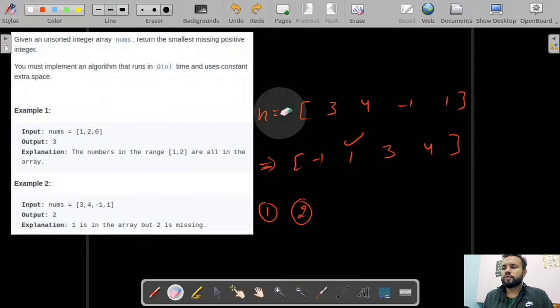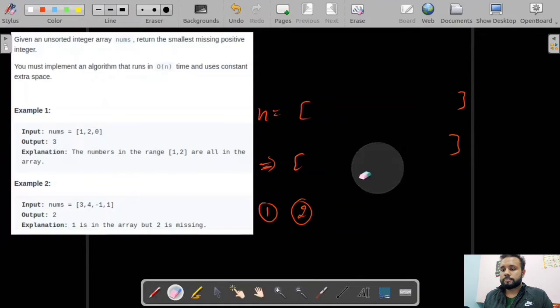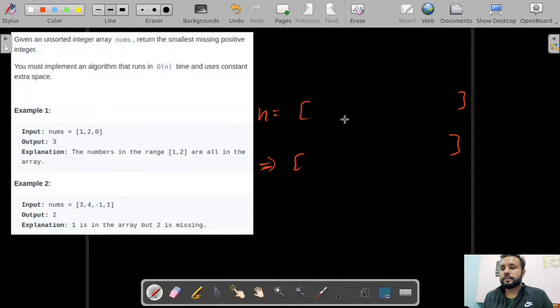We can use one more example if we would still want to try this. Let's say the array is something like this: 5 4 2 3 8. So the first step is, let's write this in sorted order: 2 3 4 5 8.